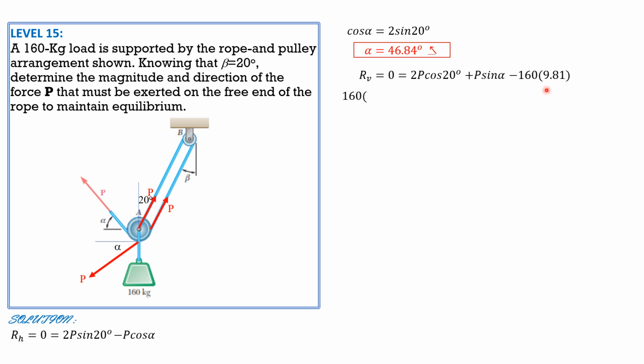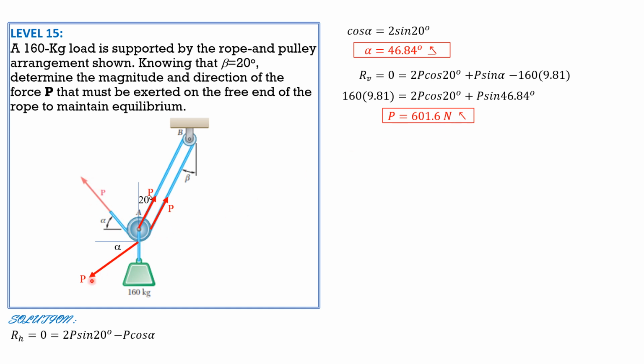Just consider this force P here. So 160 times 9.81 equals 2P cosine 20 plus P sine of 46.84 degrees. So the value of P is 160 times 9.81 divided by the quantity 2 cosine 20 plus sine 46.84. So P, for the first possibility, is 601.6 newtons if it is inclined in that direction.